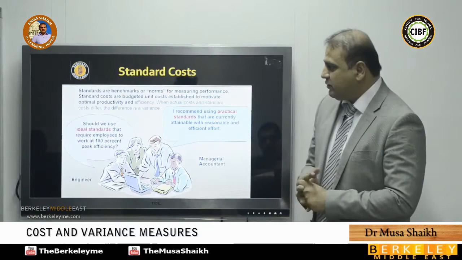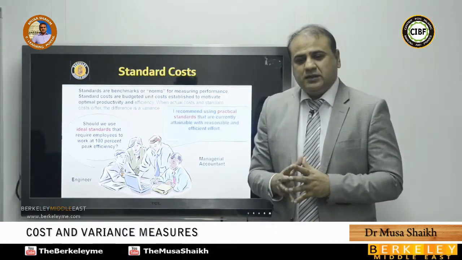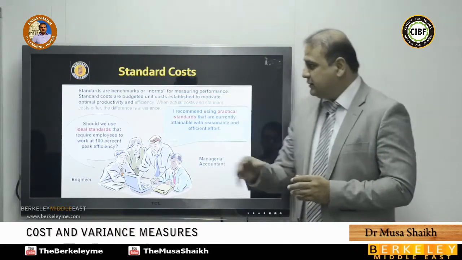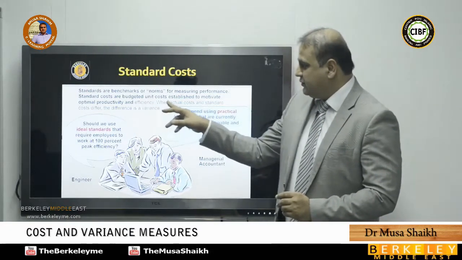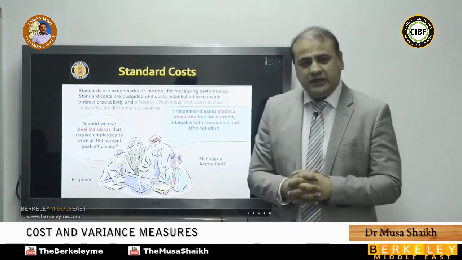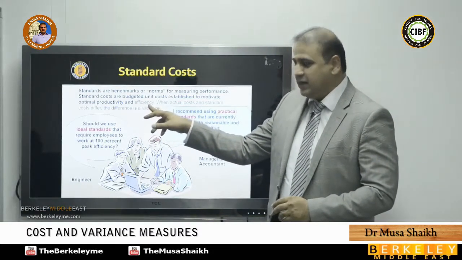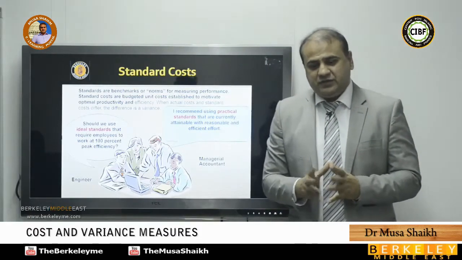When we set variances, first we see the standards. Standards are the criteria, the benchmarks for measuring performance, and these are budgeted unit costs established to motivate optimal productivity and efficiency. So a standard is not just an average of the past.